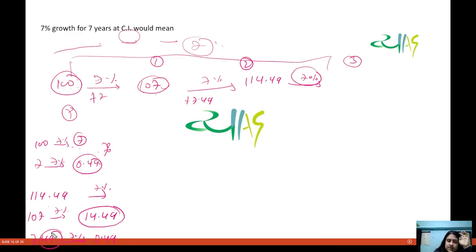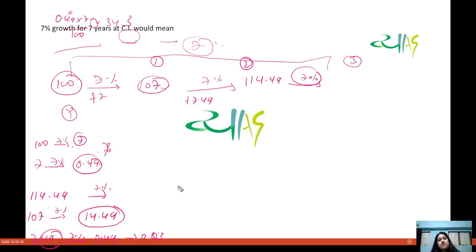And what is 7% of 0.49? If you calculate 7% of 0.49, this will be a very small term, because you will divide this by 100. So 7 nines are 63, 28 plus 6 is 34. So you will have 0.343. Okay, 0.034, I think.